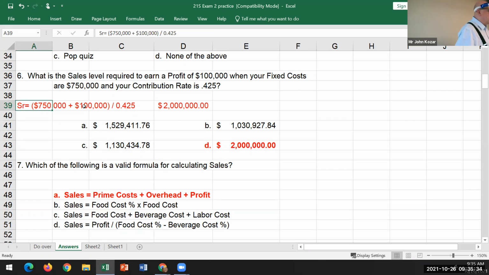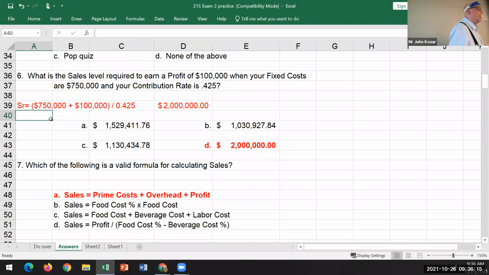Should be 750 plus 100,000 is 850,000 divided by 0.425. Okay, the first two numbers are in parentheses.